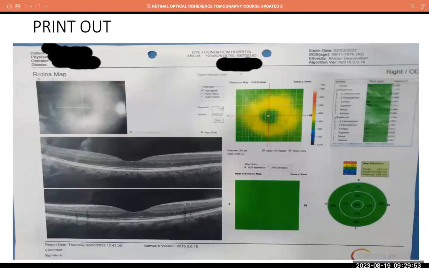One is taken from left to right, and one is taken from up down. I don't know if it were enlarged further, you'd have seen the arrow. So I want to give out a few things that you look out for on this. First of all, you can decide the eye of the patient just by looking at the image.